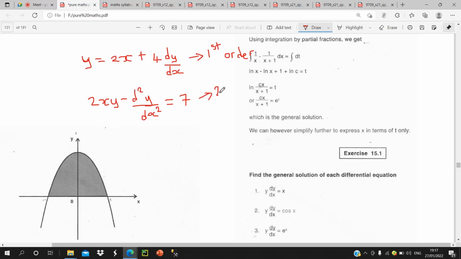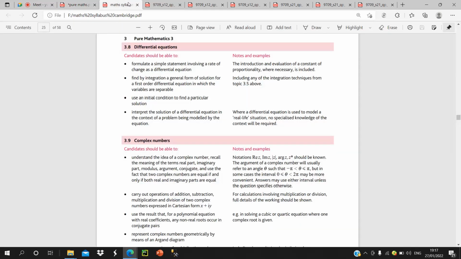But under your syllabus you don't do second order differential equations. You only do first order differential equations like this one.